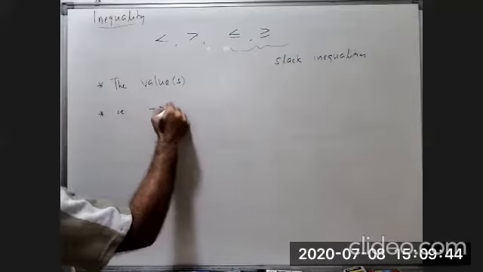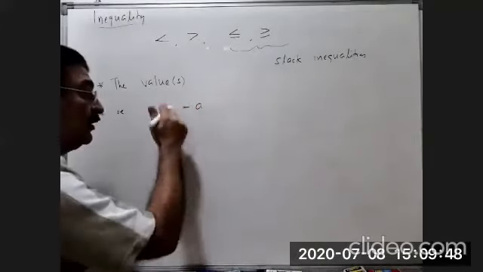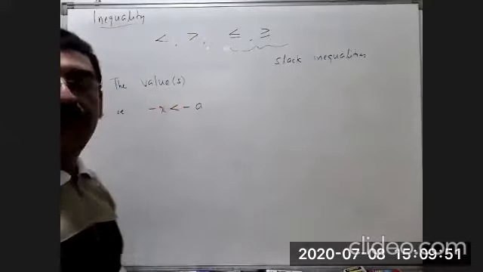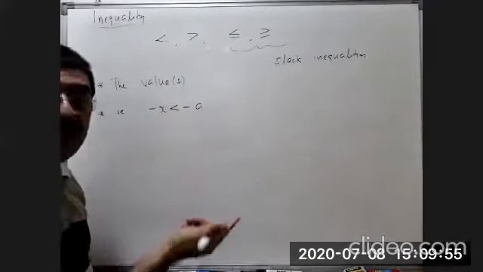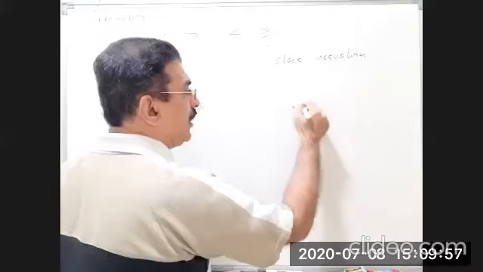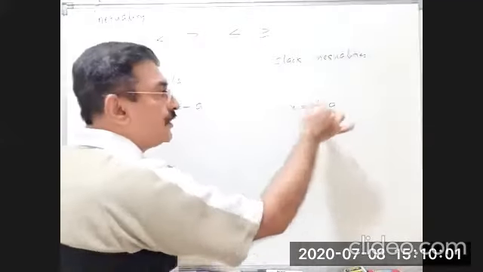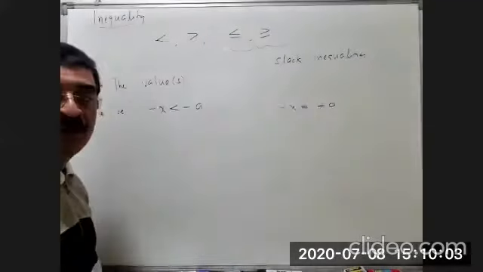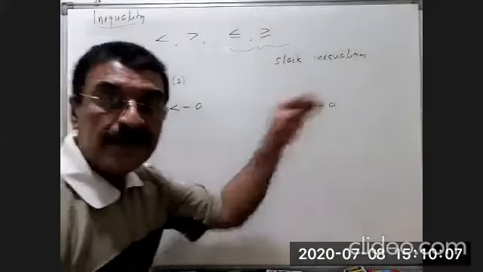That is, if minus x is less than minus a. Had it been an equation, minus x is equal to minus a, we could have cancelled the negative from both sides. In equation, we used to cancel negatives from both sides.